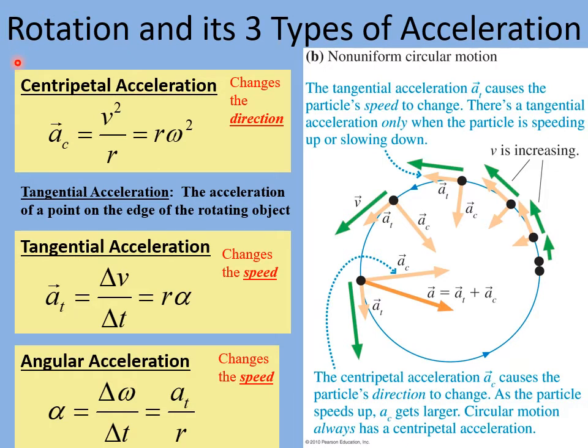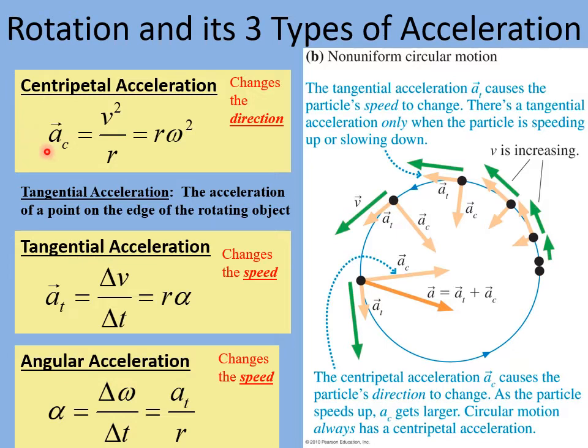When we deal with the rotation of a solid object, there are really 3 different types of acceleration that are involved. So let's try to clarify between the 3 of these. The first one is the first one we learned about in the last couple of chapters. This is centripetal acceleration.